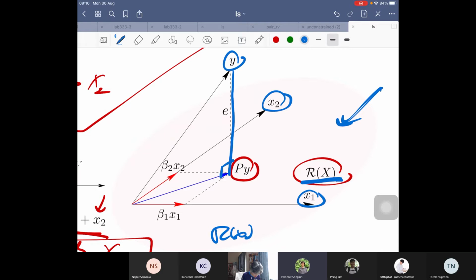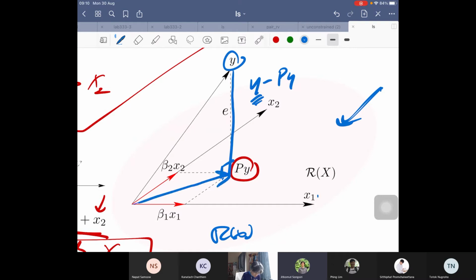It is called orthogonal projection because of this principle: the error between the original vector and the projected vector py, so this error vector, is orthogonal to the space Rx. It is orthogonal to the subspace that you project into.